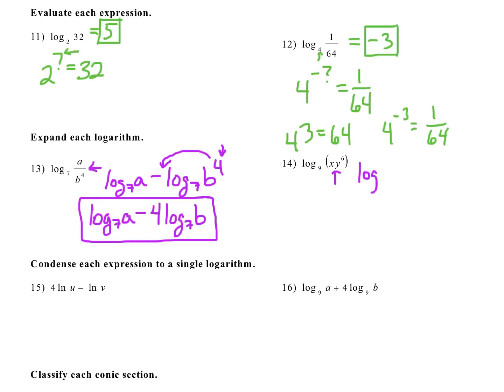So log base 9 of x plus log base 9 of y to the 6th. Again, we have a power property, so I'm going to take that exponent of 6 and it's going to become the coefficient on that logarithm. So log base 9 of x plus 6 log base 9 of y.